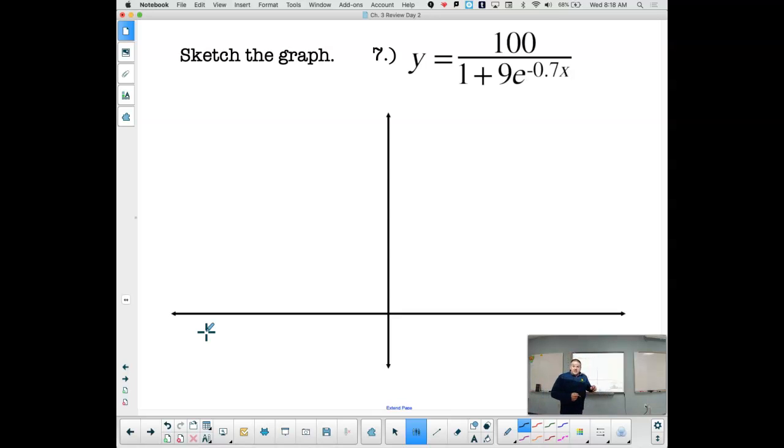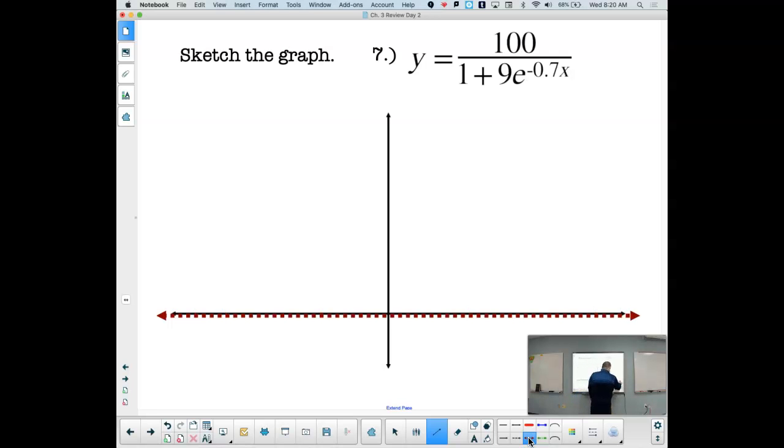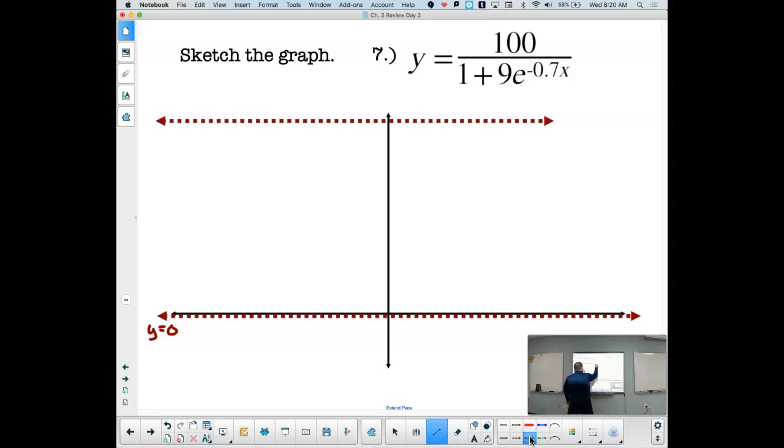That's going to tell me two things right off the start. The first thing is that I have a horizontal asymptote at y equals 0. The second thing is I have a horizontal asymptote at y equals what?